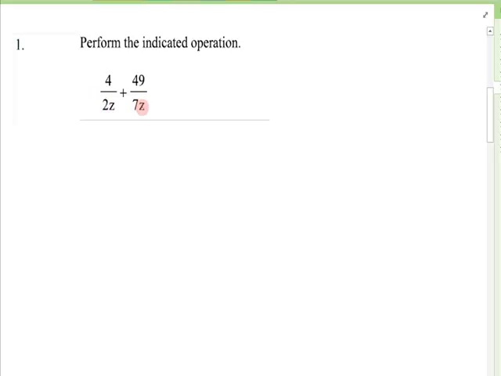All right, this has monomial denominators. So it's very much like what we were doing. What will 2z and 7z both go into? Well, it's going to need a z, but we will need 14 because they both go into 14z. Now let's do the comparison. The old denominator has changed into 14z.